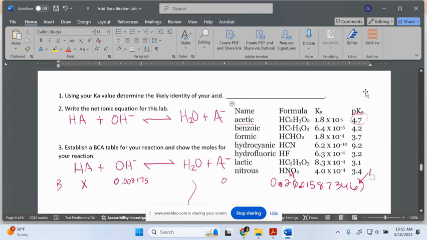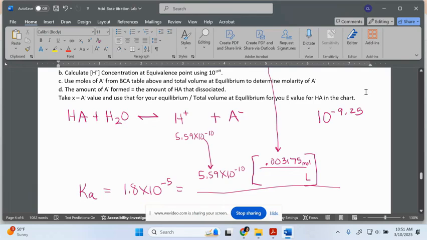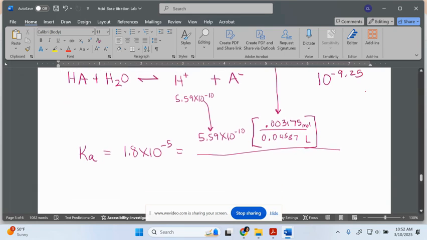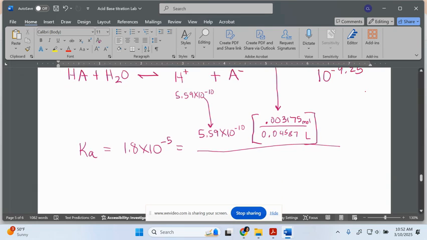So for me, this is going to be 0.04587346. Okay. And then on the bottom, you're going to have X minus 0.003175 over that volume again.